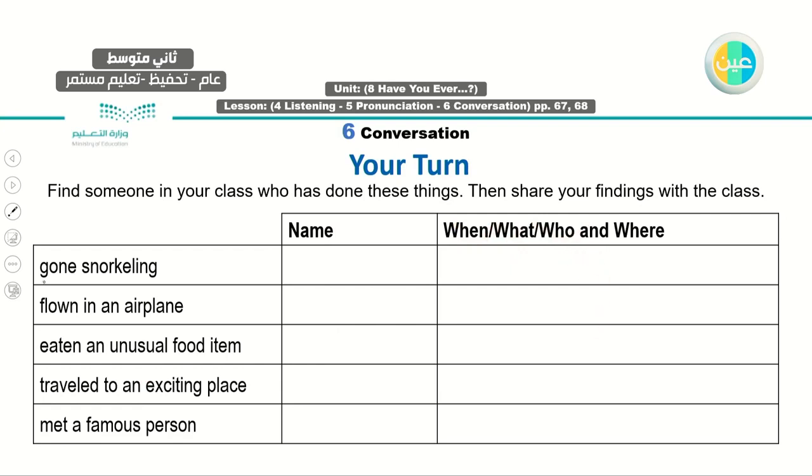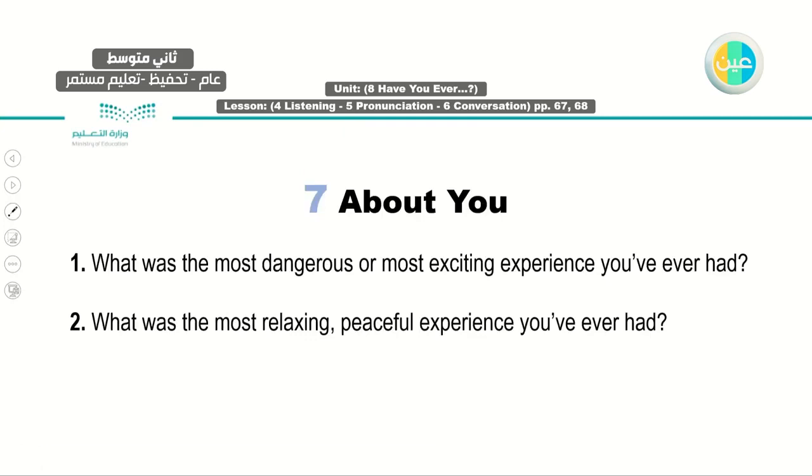So we're going to ask, have you ever gone snorkeling, flown in an airplane, eaten an unusual food item, traveled to an exciting place, met a famous person? So use all of those and ask the people. Make sure that you write the name here, and then here you're going to write more details. Okay, so the purpose for this is for you to practice asking questions using the present perfect and answer those questions.